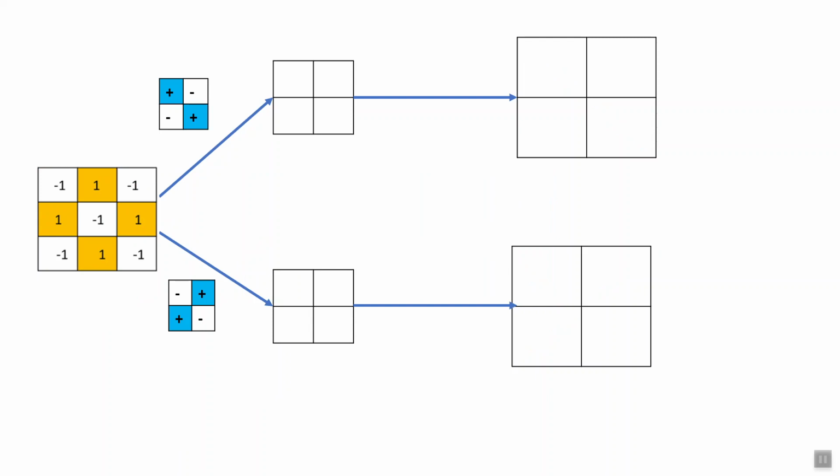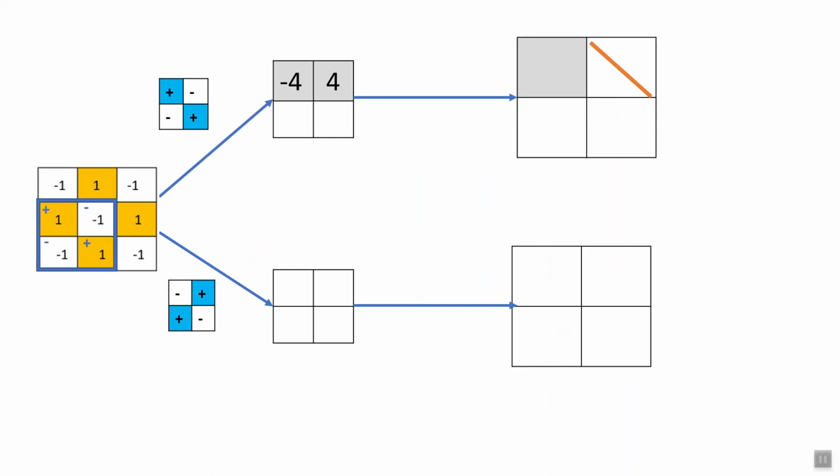Let us see the other one. First, using the O matrix, we apply the filter on the first corner and find the value minus 4. So it gives nothing; it didn't find anything.